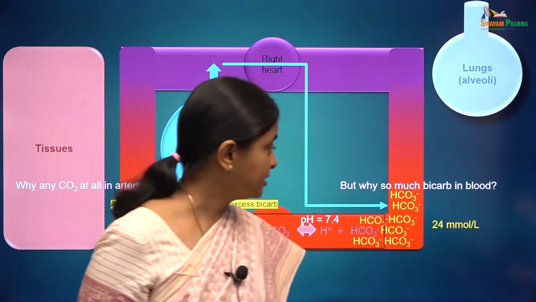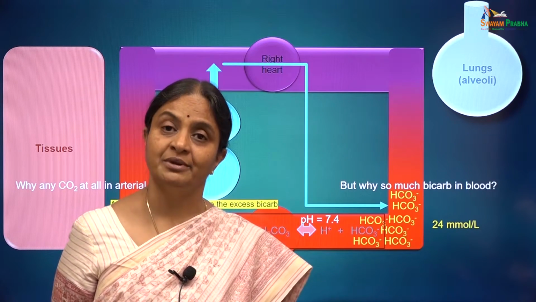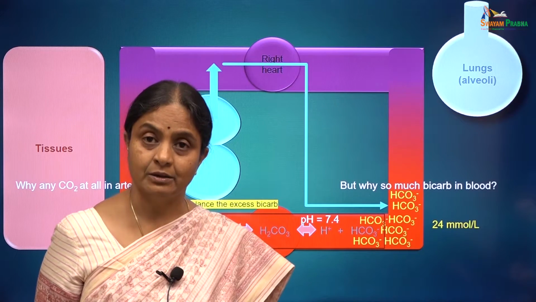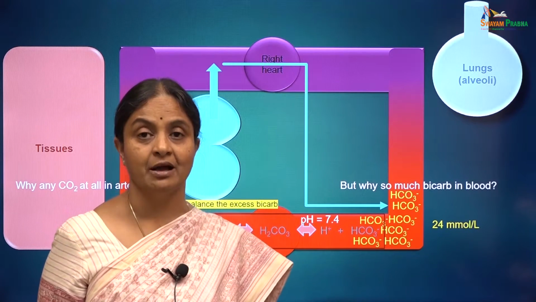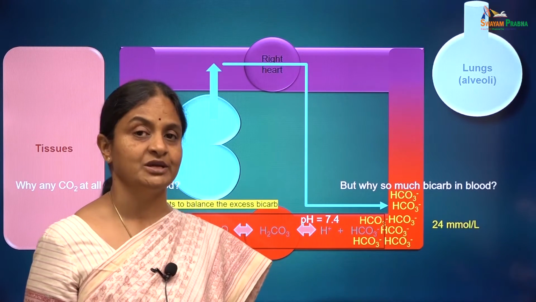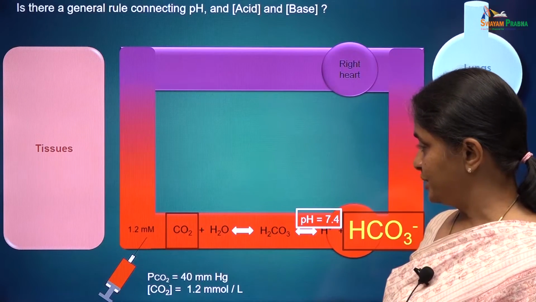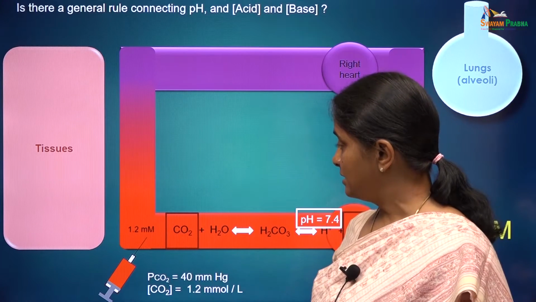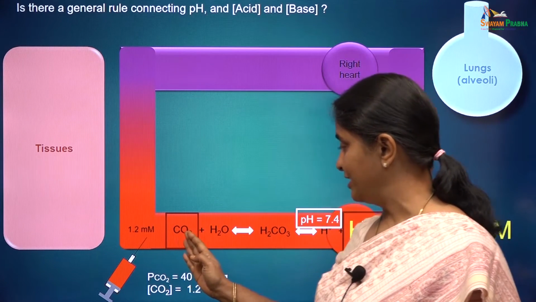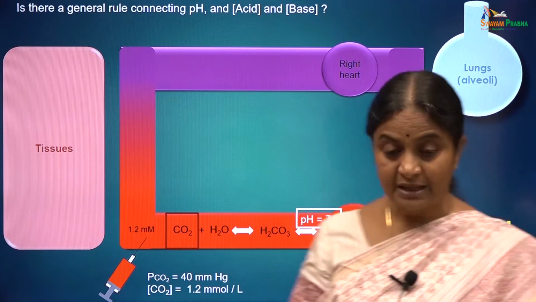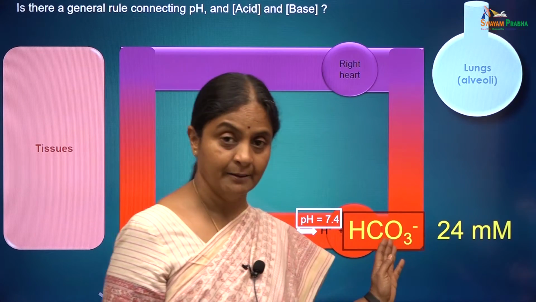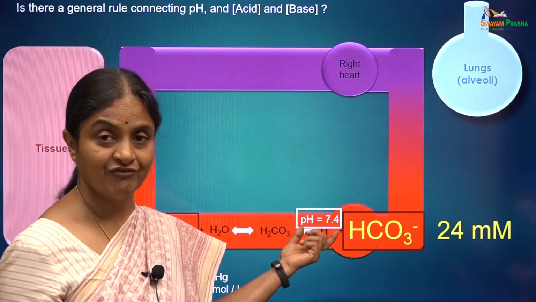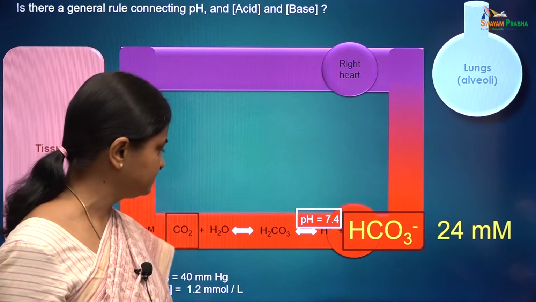Of course, then the question is, why so much bicarbonate in blood? Why do the kidneys have to put in so much bicarbonate into blood? We will reserve that question for later. So, we now have a situation where the equilibrium status is 1.2 millimoles per liter carbon dioxide at equilibrium with 24 millimoles per liter bicarbonate, and the pH is 7.4 in that condition.